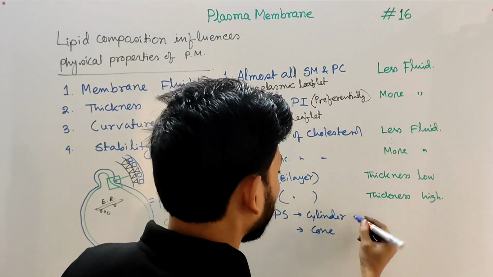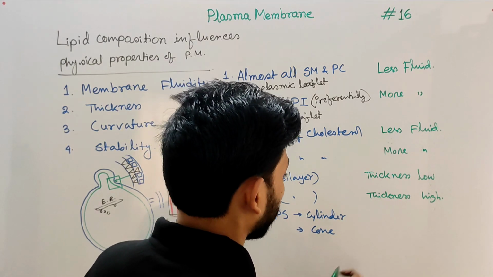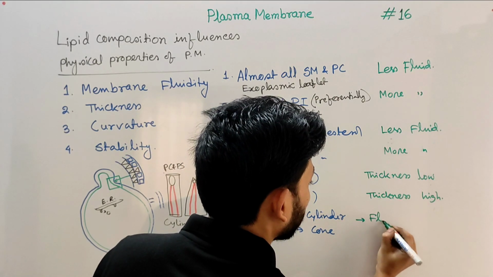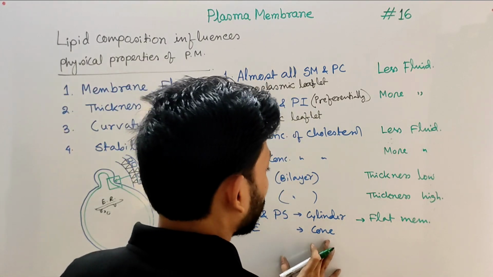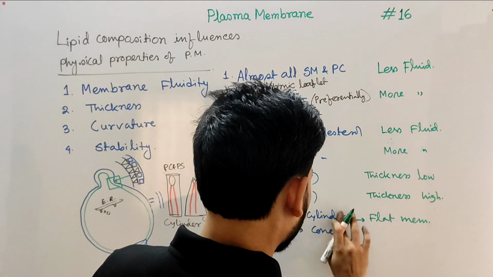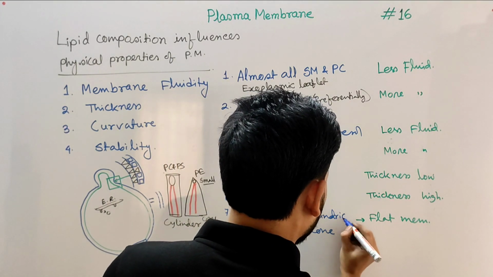So cylindrical lipid molecules will make a flat membrane, whereas the cone... cylindrical, the spelling is wrong, cylindrical.